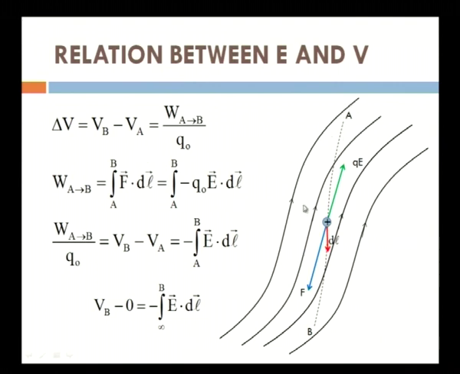So, we consider the electric field is existing in space as represented by these dark solid lines and we take a unit positive charge which is represented here. It is moved from the point A to the point B on the path which is shown by a dotted line here.